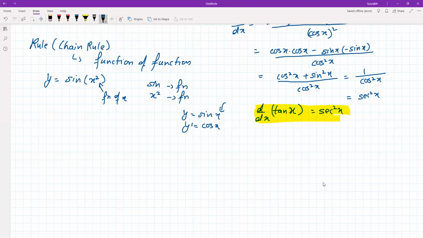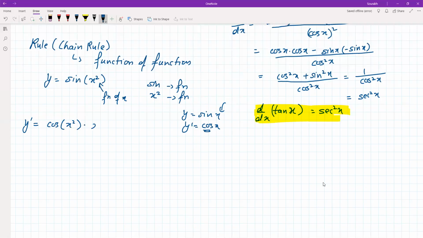That is, first you determine the outermost differentiation. So in this case, if I have to solve this, I'll say first outermost function, that is sine. So first I'll have to differentiate sine. So differentiation of sine is cos. So cos, but inside it's not x, it is x square, so cos of x square.